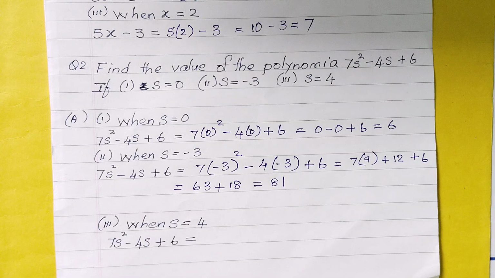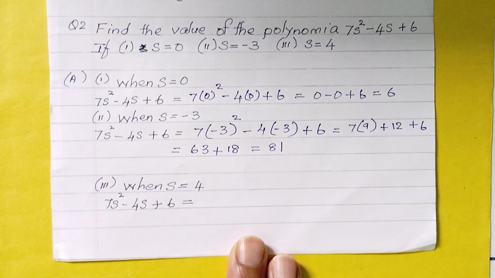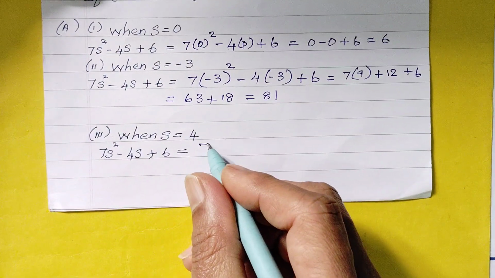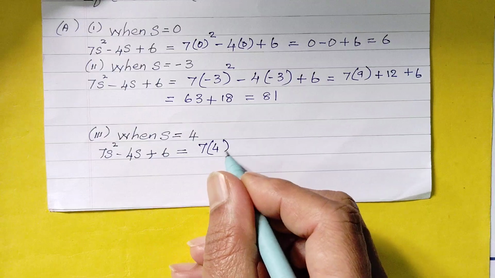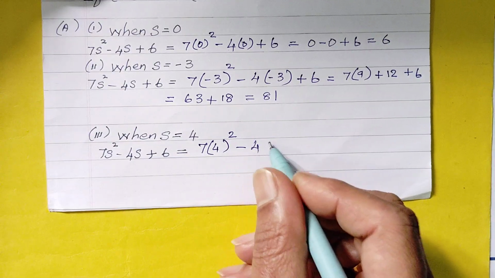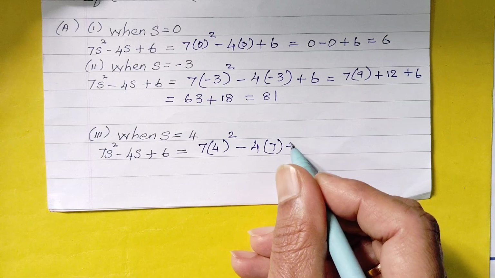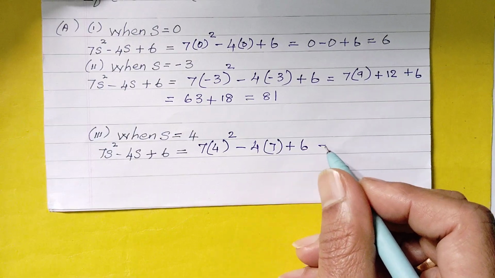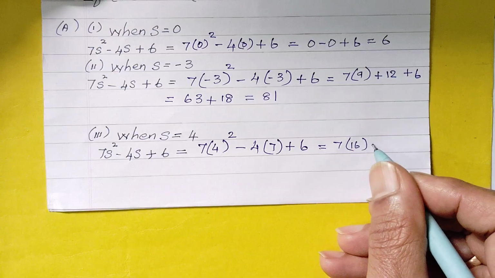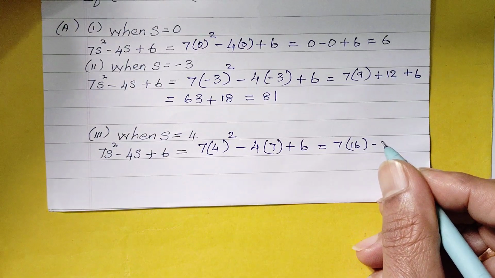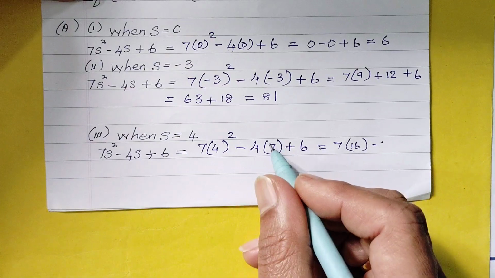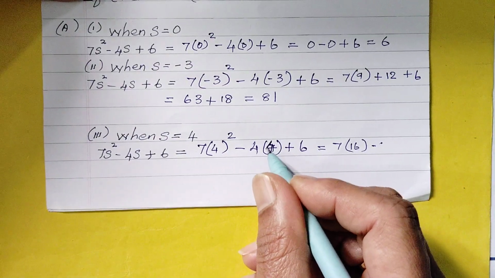When s is equal to minus 3, the 7s square minus 4s plus 6 will take the value 81. When s equal to 4, so 7 into 4 square minus 4 into 4 plus 6. This is not 7, it's 4. Sorry.